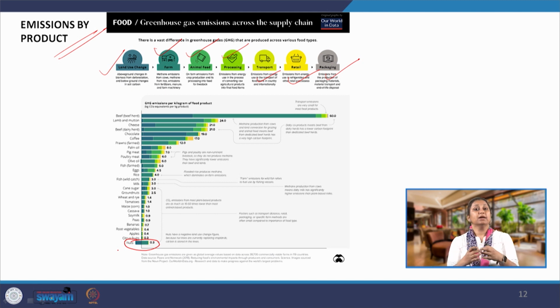We know that nuts are rich in oils, most of them hydrocarbons, so they store a lot of hydrocarbons in them. So, nuts are actually negative. And then if you look at all the vegetables and vegetarian food, we are talking about unprocessed food here, they usually have very low carbon footprint. They have very low emissions here.